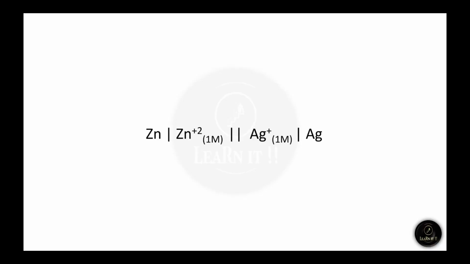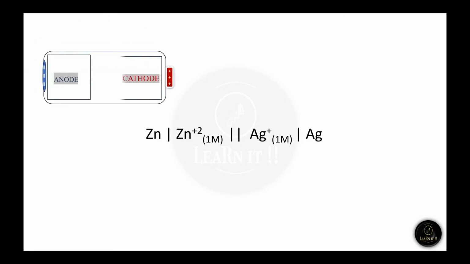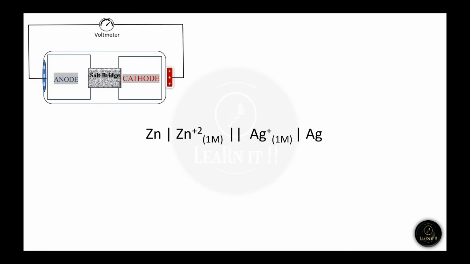Let us consider a cell made up of zinc and silver. It is externally connected to a voltmeter. So by this cell representation, we can assume that the left hand side, that is the anode, is made up of zinc and the cathode is made up of silver electrodes, and the salt bridge is in between.